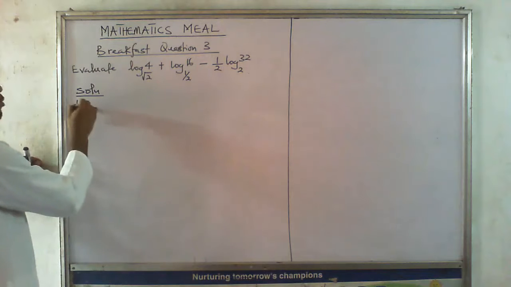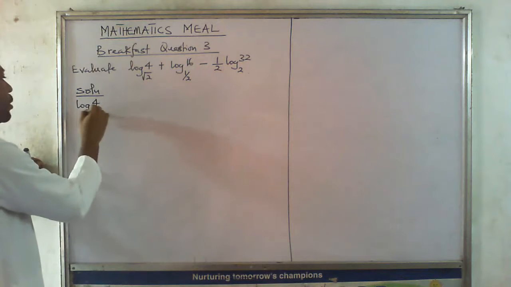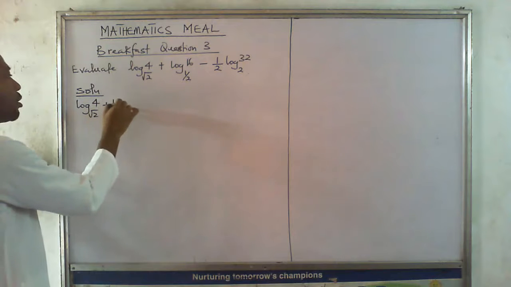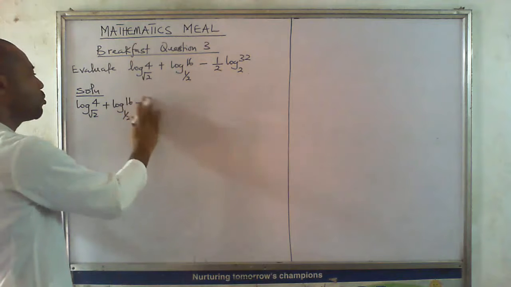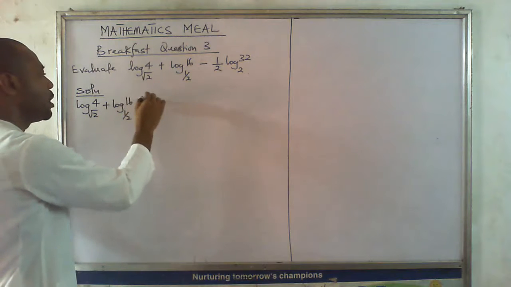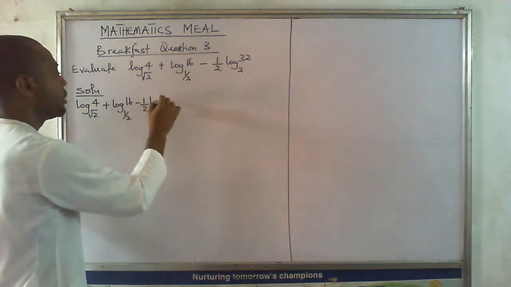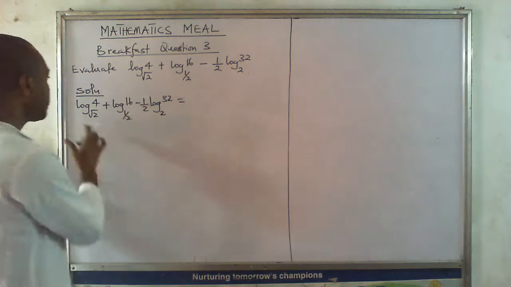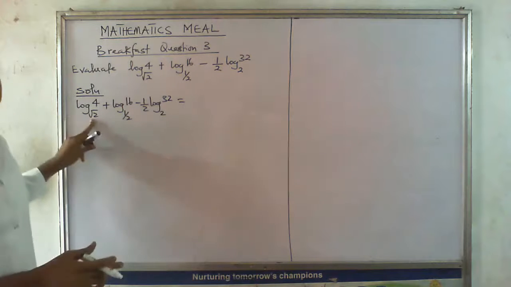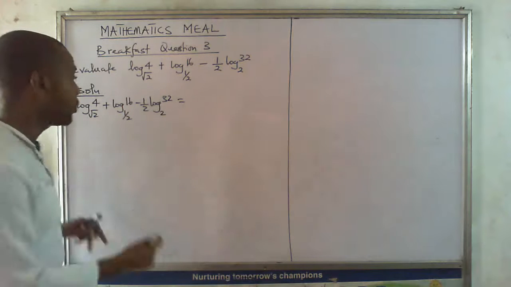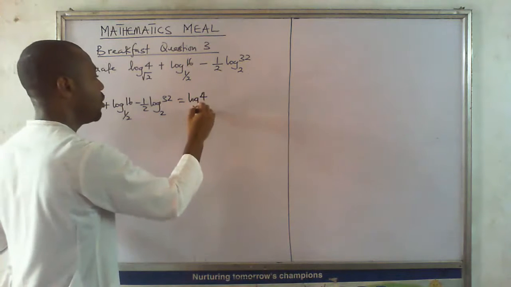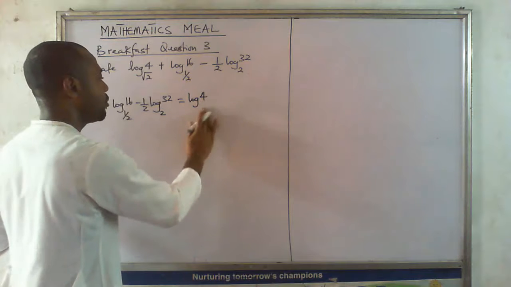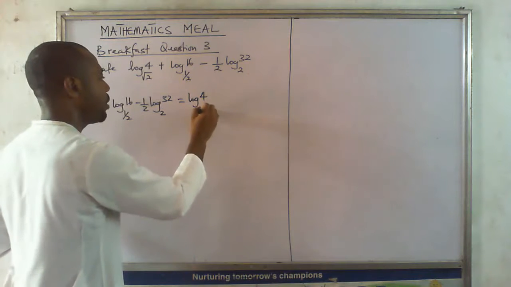So we have log 4 in base root 2 plus log 16 in base 1 over 2 minus 1 over 2 log 32 in base 2. I can start this way. I don't like this one being square root of 2, so I can write it in another form, and that is log 4 in base 2 raised to power half.